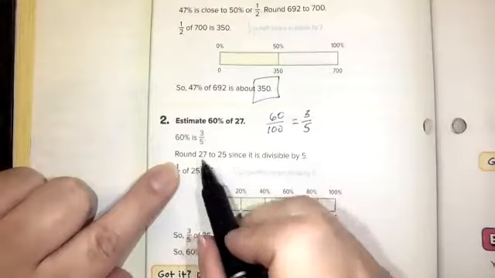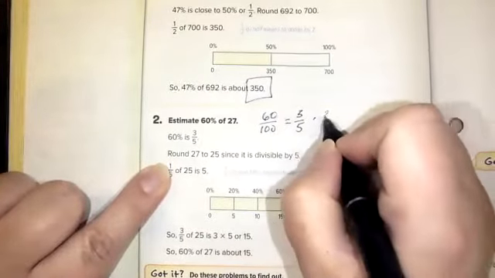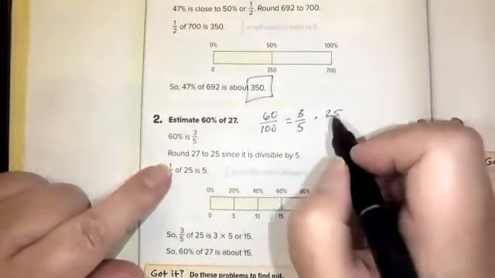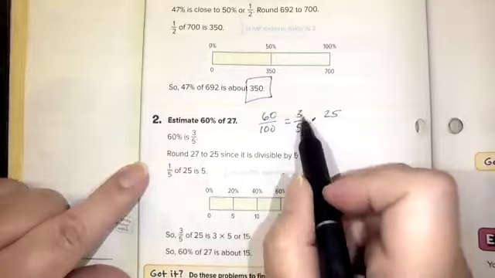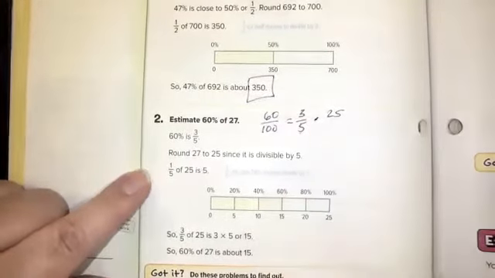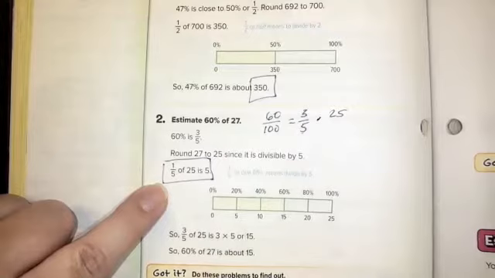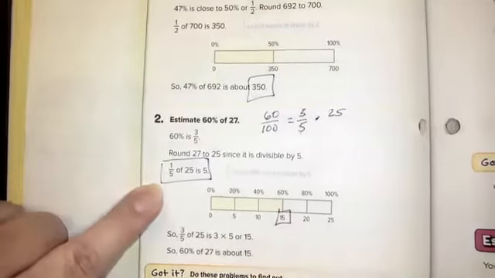And then the 27, we can round that to a 25 because we already talked about compatible numbers when we did estimating with multiplying fractions earlier this year. But now we also have a percent in there. So we can say 3/5 of 25. Well, we know that 1/5 of 25 would be 5. So 3/5 would be 3 times as much, or 15.